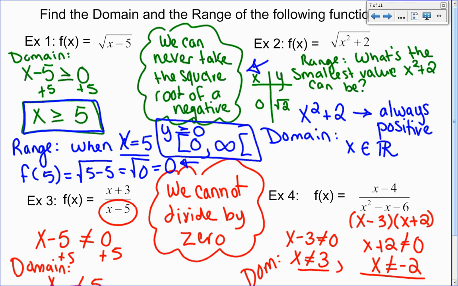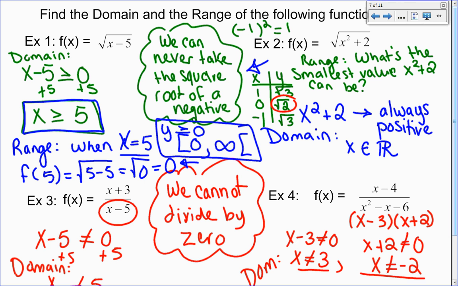If we plug in 1, we're going to have 1 squared plus 2 underneath the square root, or the square root of 3. If we plug in negative 1, remember negative 1 squared is still going to give us a positive 1. So again, we'll have the square root of 3. So the smallest value that x squared plus 2 can ever be is the square root of 2. And that's when x equals 0.